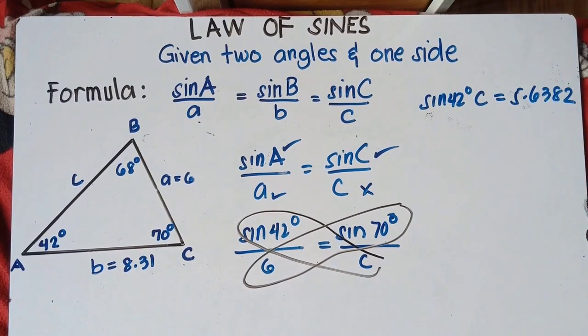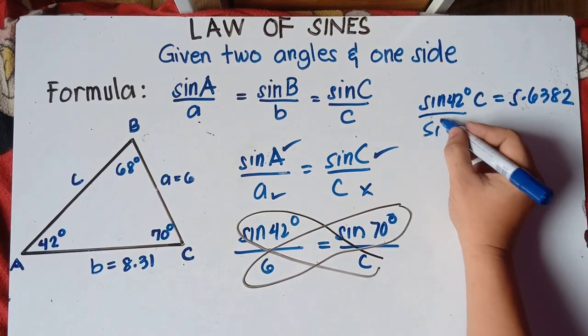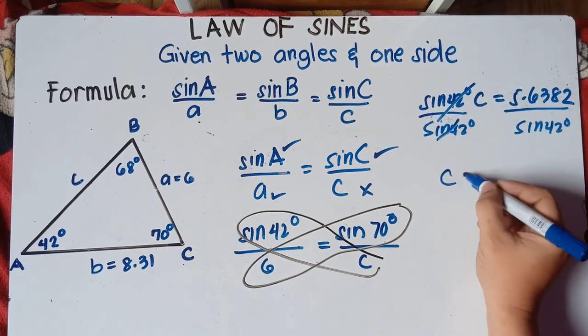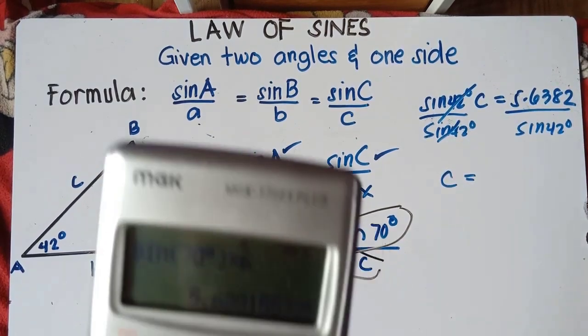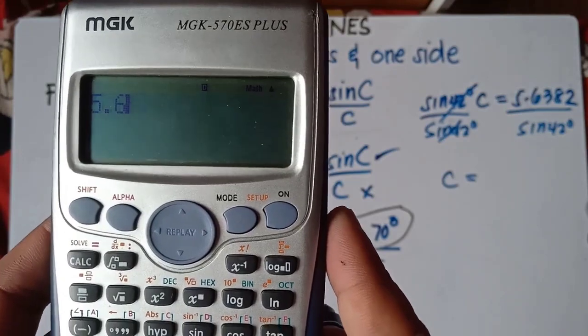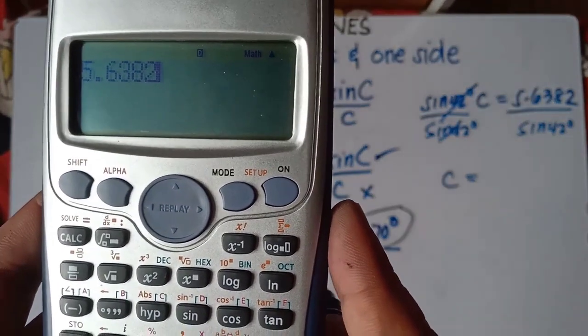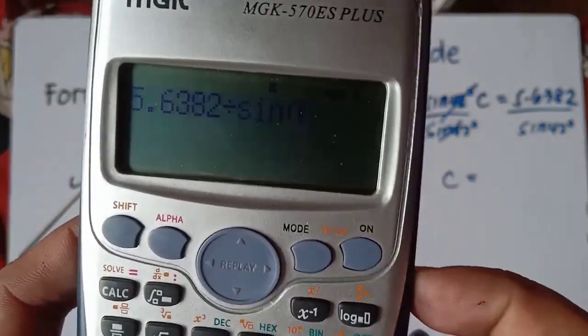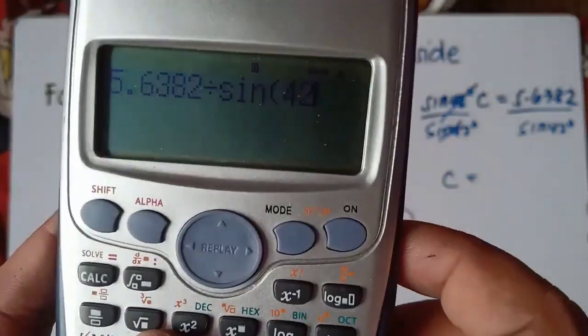So 5.6382. And to get the value of C, divide both sides by sine 42 degrees. Sine 42 degrees cancel this one. So our C is 5.6382 divided by sine 42 degrees.